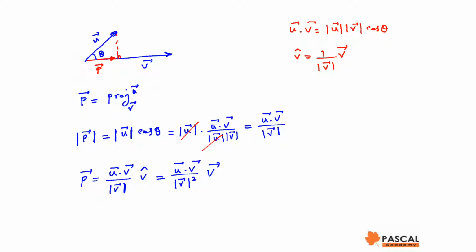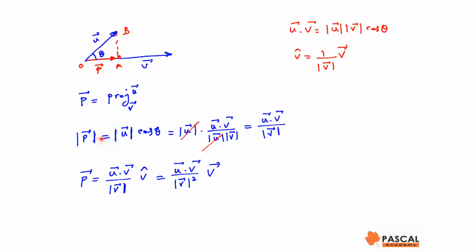In triangle OAB, cosine of theta is OA divided by OB. Therefore, OA is OB times cosine of theta.